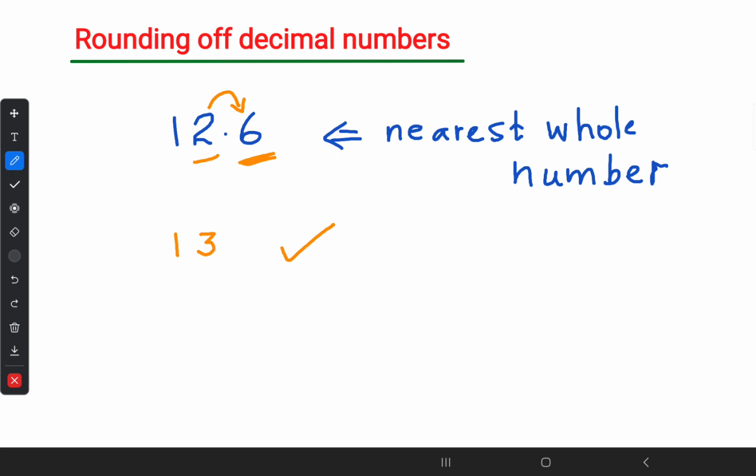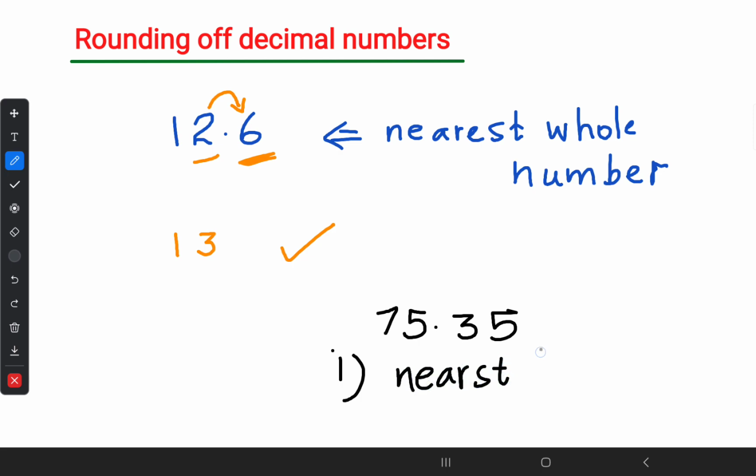Next question, I'll consider the number 75.35. Here, first of all, I'm going to round off the given value to the nearest first decimal place, and thereafter find the nearest whole number.